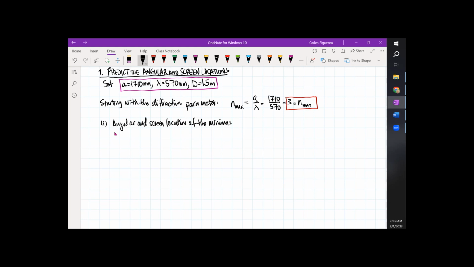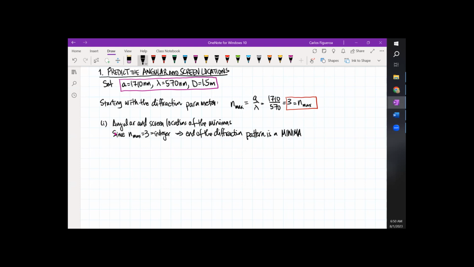Okay. So if I want the screen location, then I have to start going. So the first thing that I said here is that since n max is an integer, from last lecture, this implies that the end of the diffraction pattern is a minima.